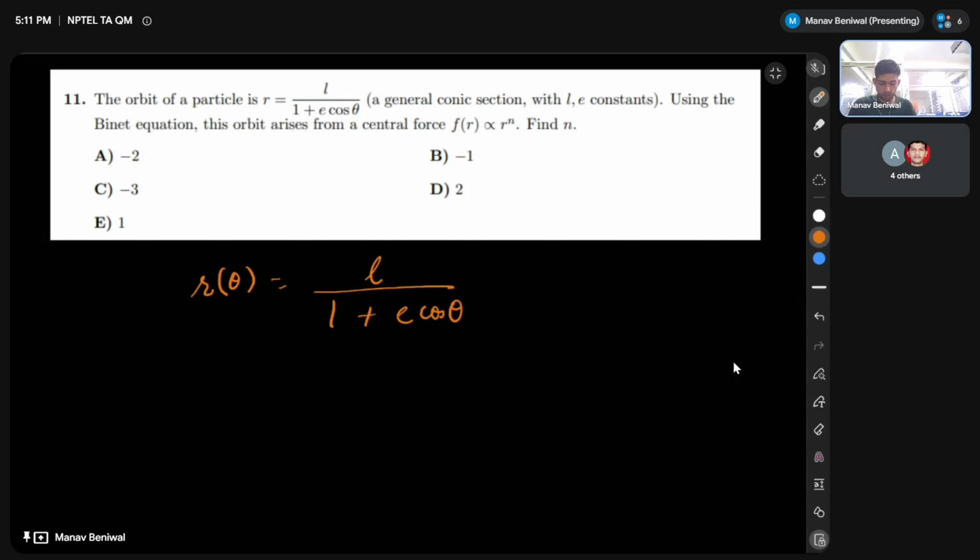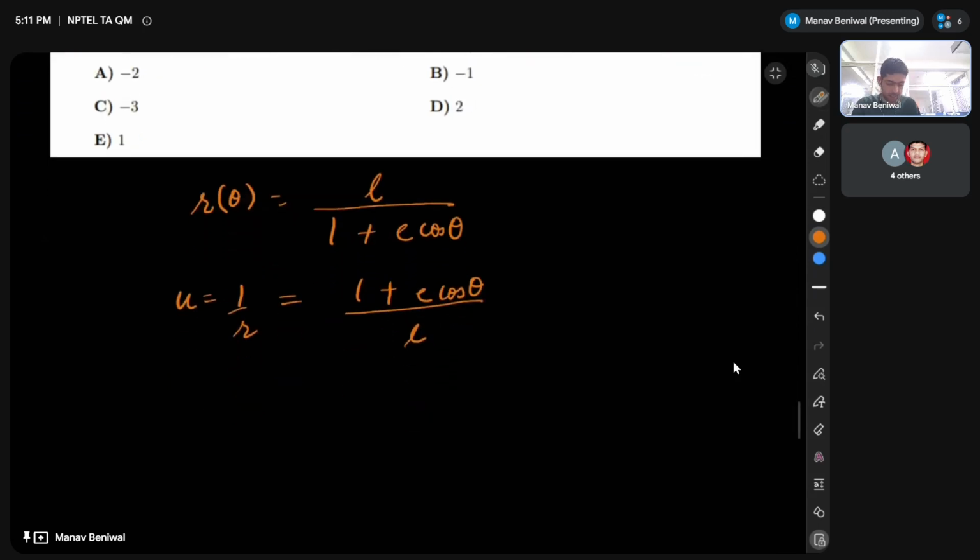Okay. So again, what we need to do, we need to change this thing to u. So u is 1 by r, so it becomes 1 plus e cosine theta over L, and then let's find out du by d theta.